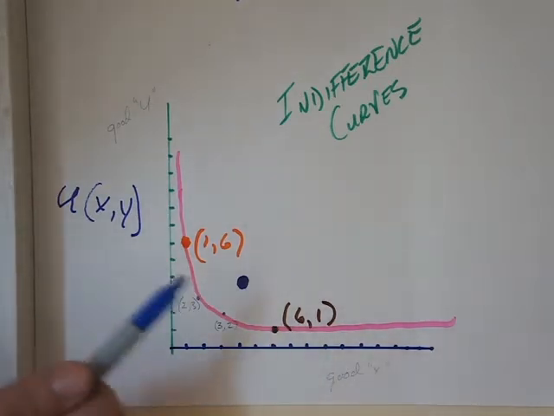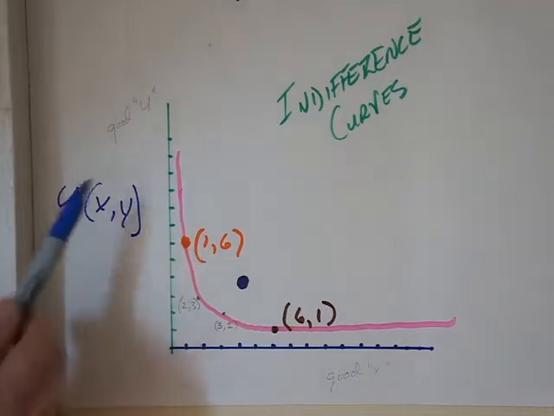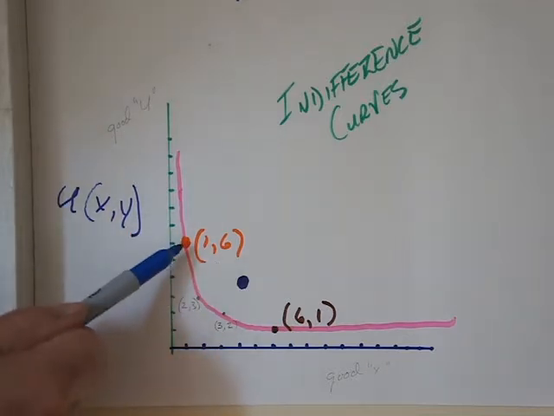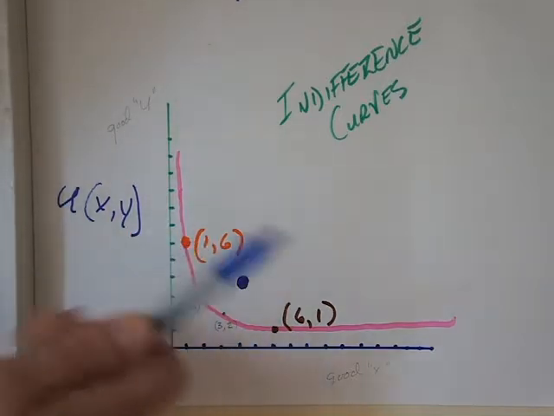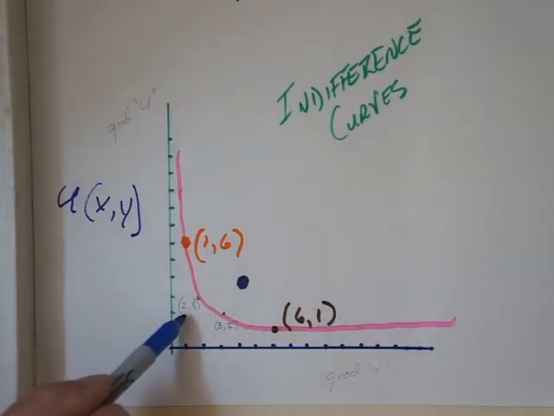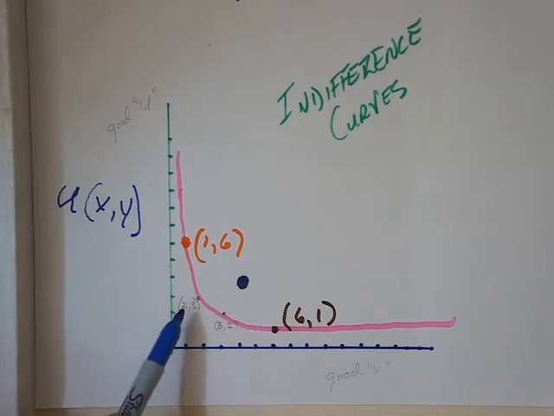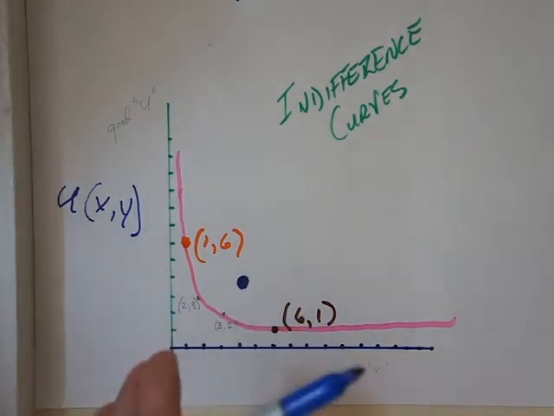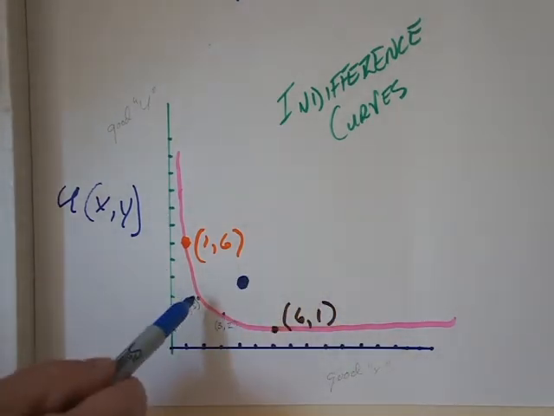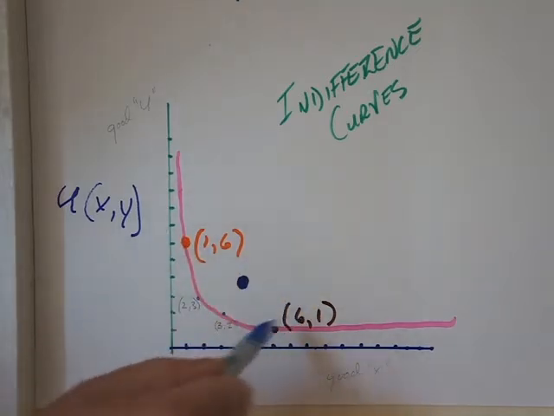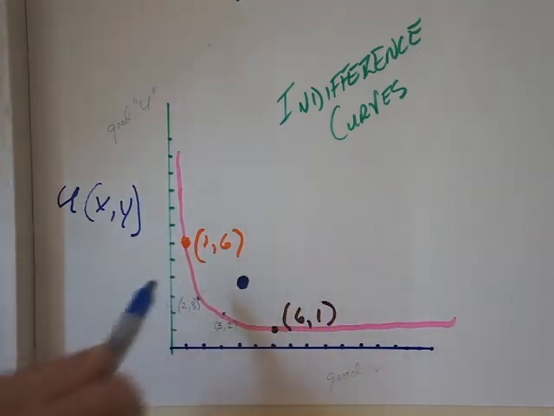But for now, all we need to know is that the utility function at this point on the curve, 1 times 6, is 6. Down here, 2 and 3, again, fewer individual items, but 2 times 3, your utility is 6. So it's equal here, here, here, and so on, okay?